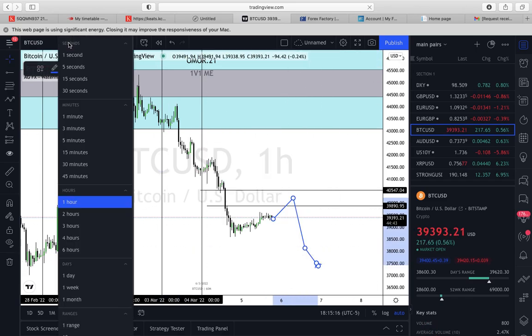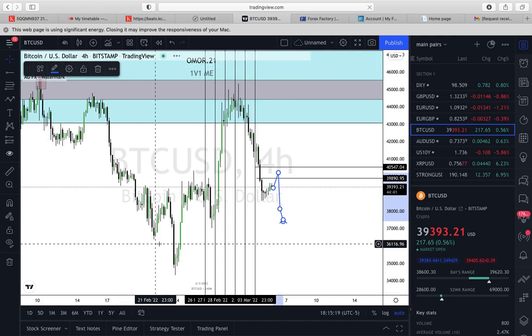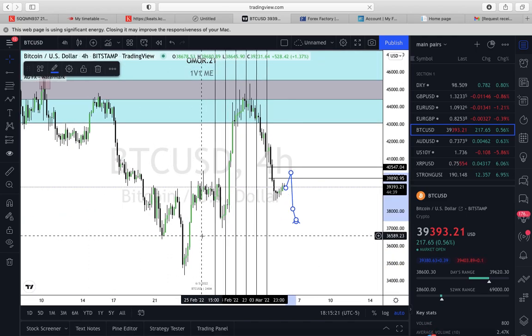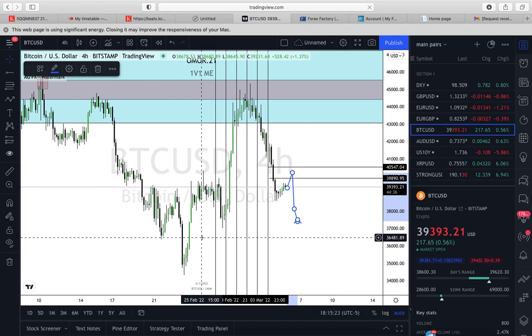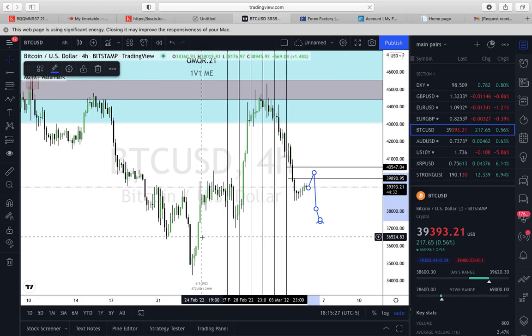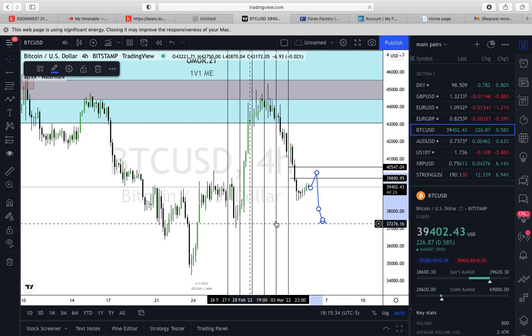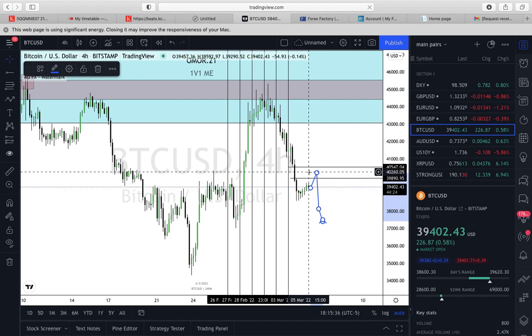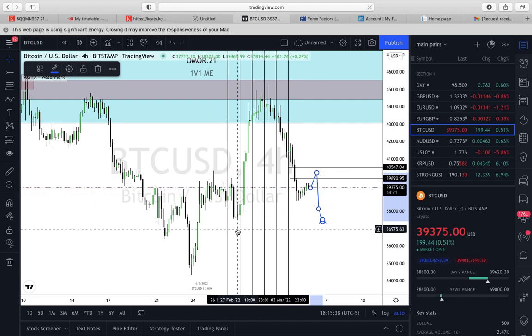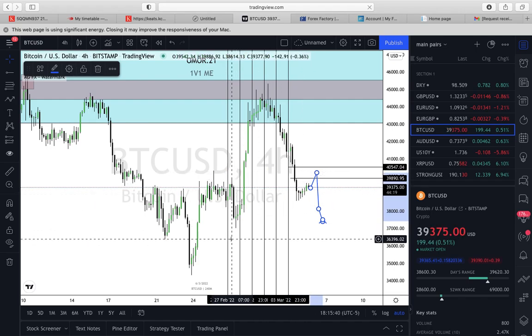That looks like a mess. Now the 4 hour, I said 36.5, right? 36.5 is a nice half mid figure, and it lines up with the middle of this imbalance. We have a short-term low here. I want to see price fill this in and run this low and fill this imbalance for now.